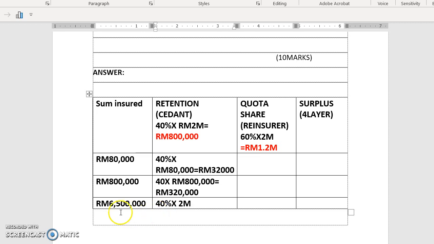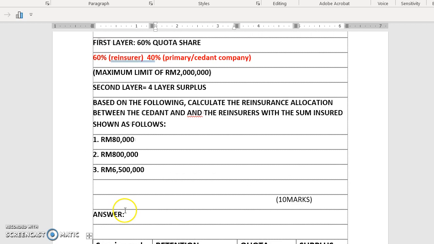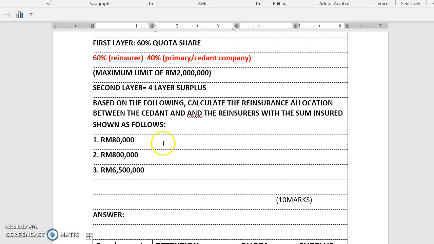Why is it 2 million? Because 6.5 million already exceeds the maximum amount. We cannot times with 6.5 million because in this question they already stated that the maximum limit is only 2 million. So you have to highlight that the limit is only 2 million.